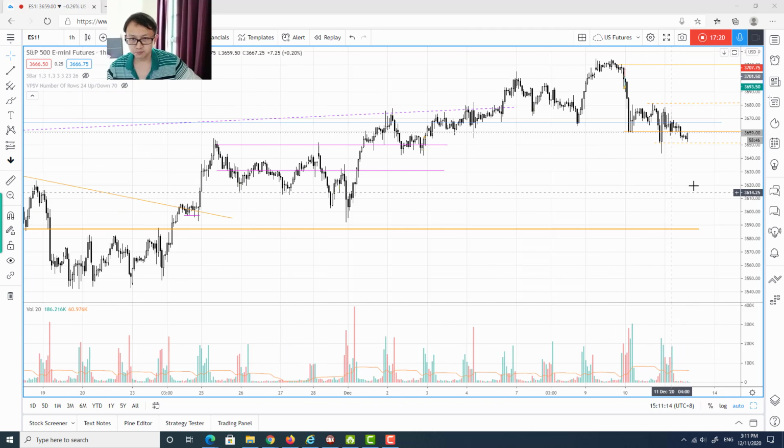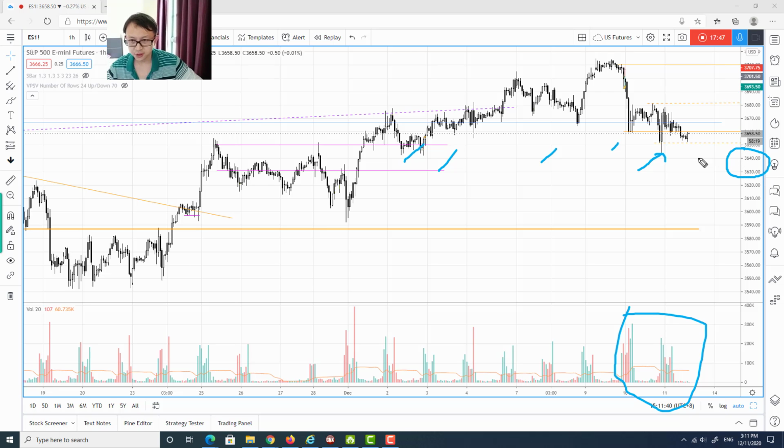So far the market has already shown that supply has entered the market. Let's see if there is some kind of support forming in this zone from 3630 to 3640. We can see that yesterday it almost touched 3640 and had a quick rebound. So let's see how it will react at the 3630 to 3640 level.